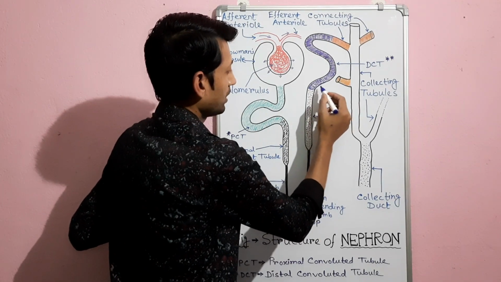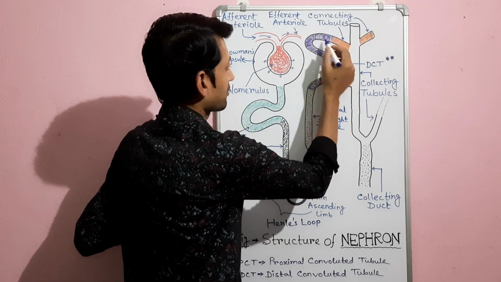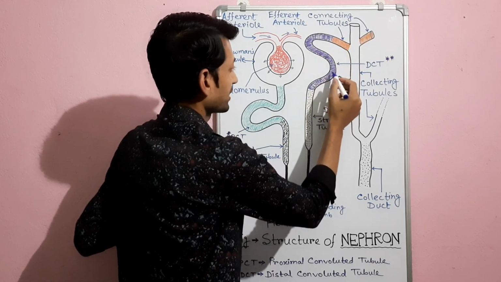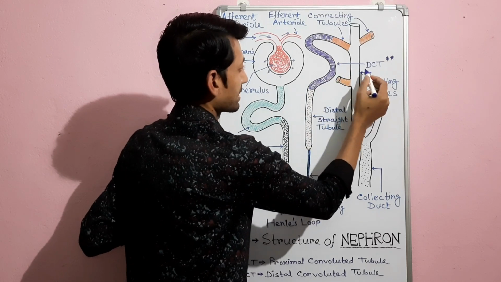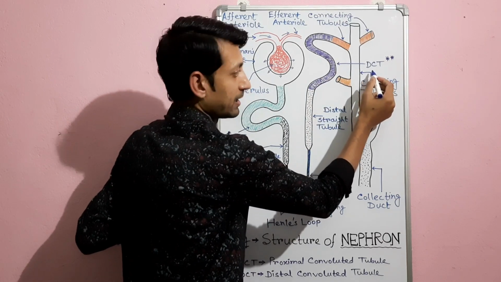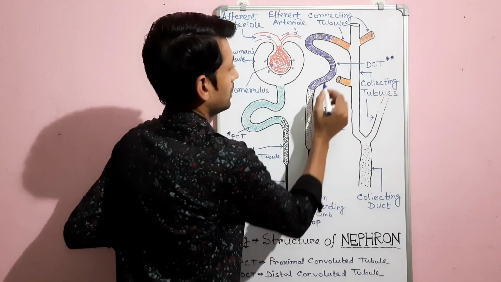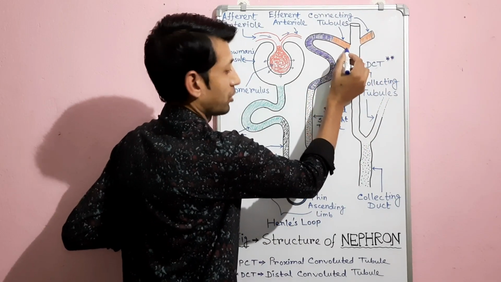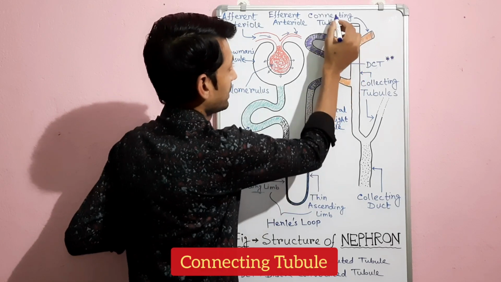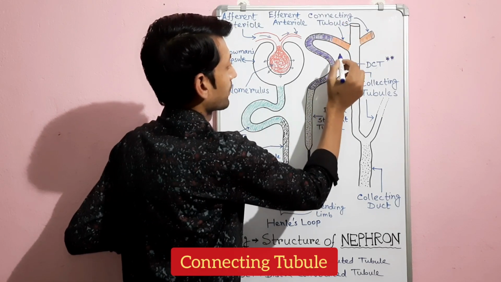Then the tubule again becomes tortuous, though less than the proximal convoluted tubule, and this region is known as the distal convoluted tubule or DCT. After the distal convoluted tubule, this short tubular part is known as the connecting tubule.